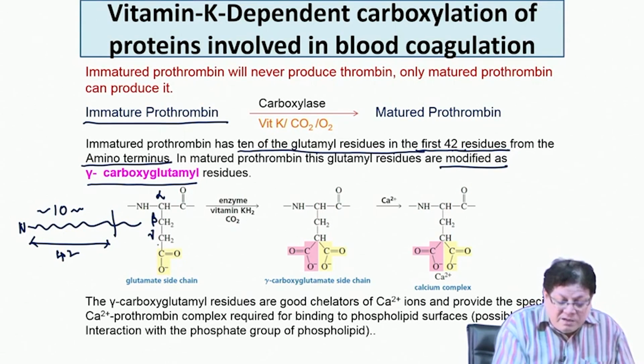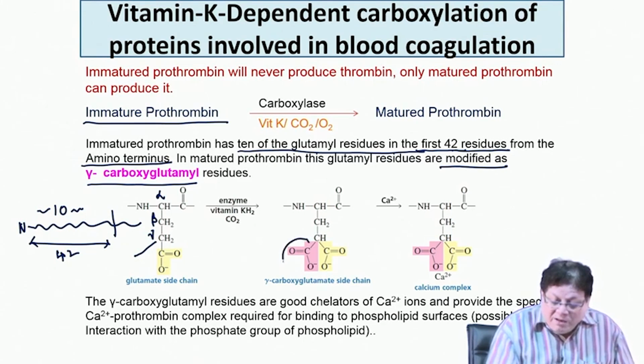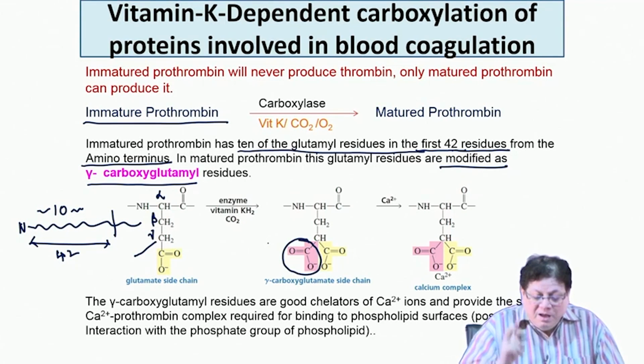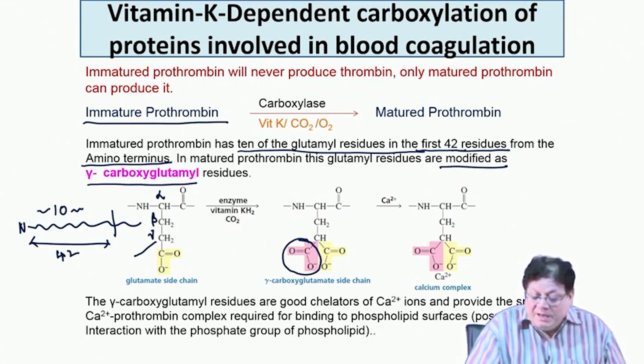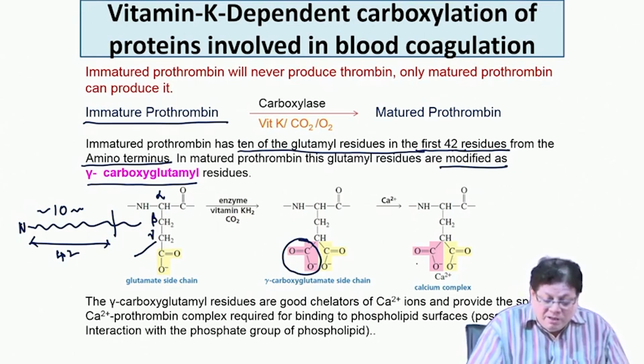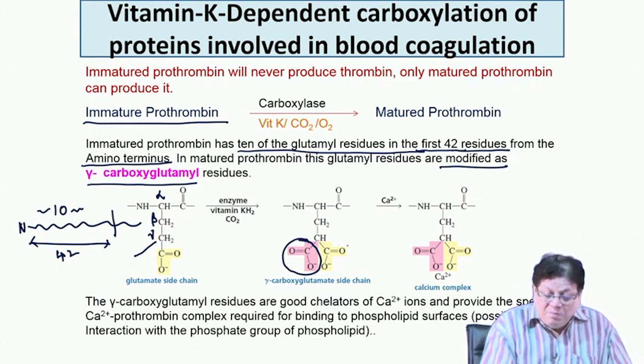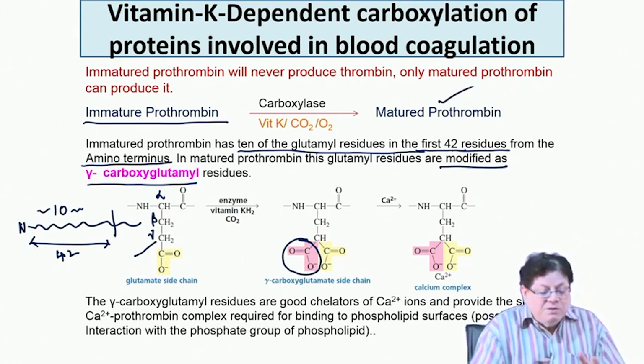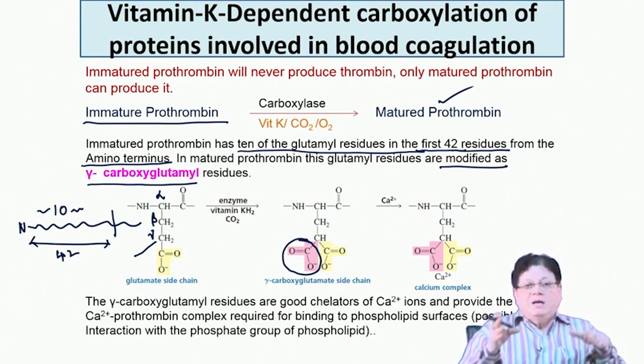But in the presence of vitamin K, one of the hydrogens is replaced and you introduce another carboxylic acid group, and these are present as minus, which makes a good complex with the calcium ion. This is what is called the mature prothrombin.